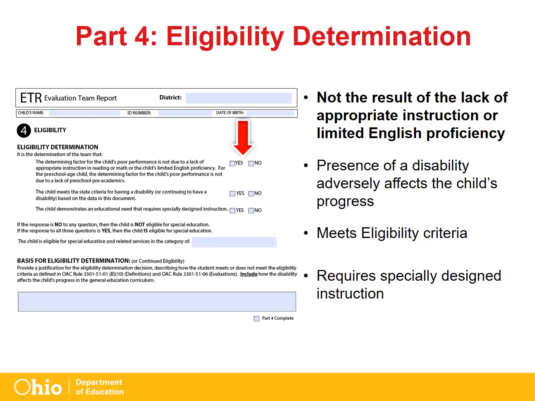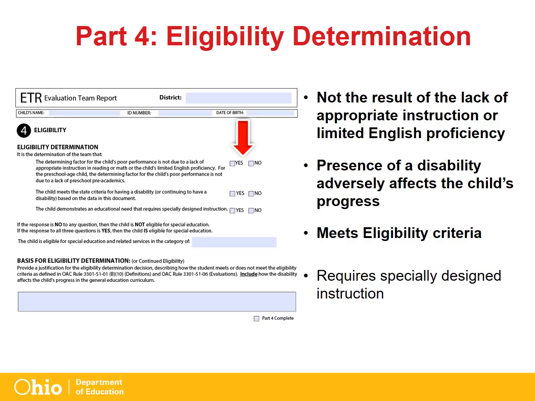The team has determined that the presence of the disability adversely affects the child's progress in the general education curriculum. The child must meet the eligibility criteria for the disability category under consideration, and the child must require specially designed instruction, not just accommodations, to access the general education curriculum.